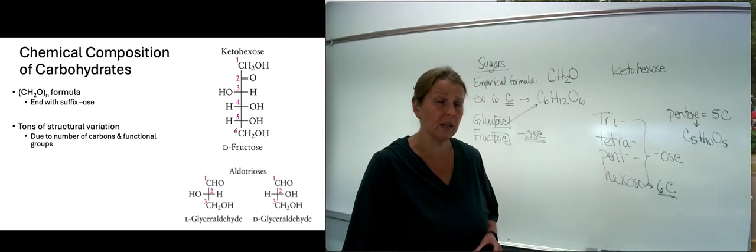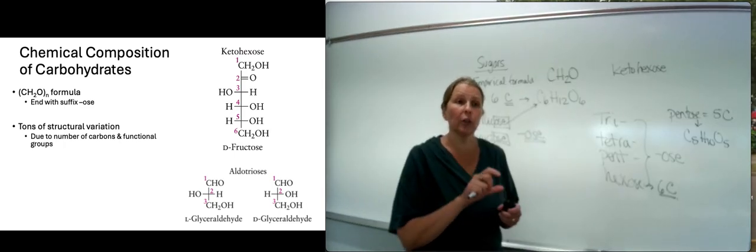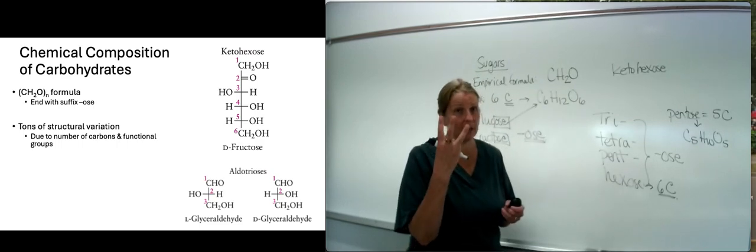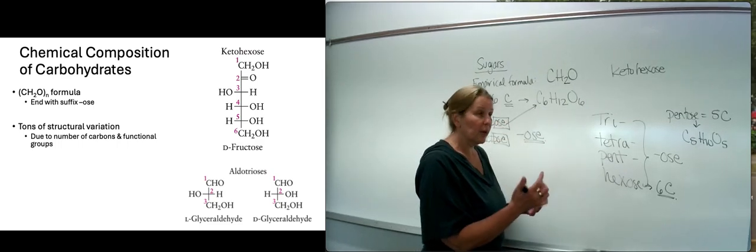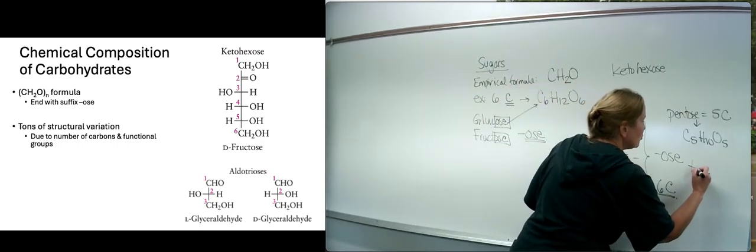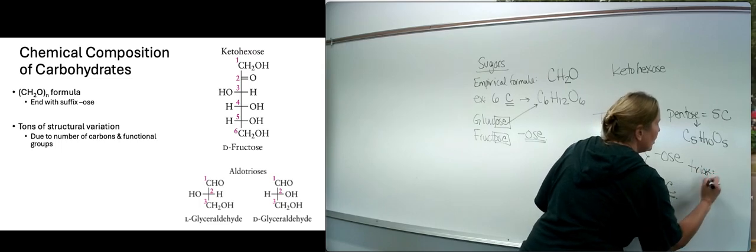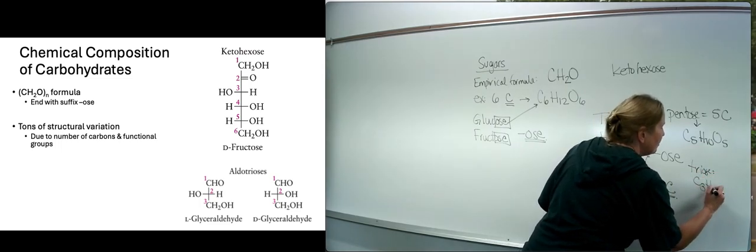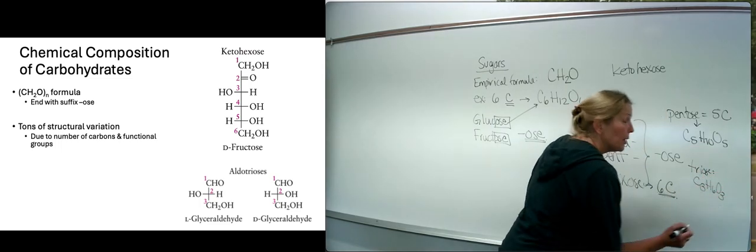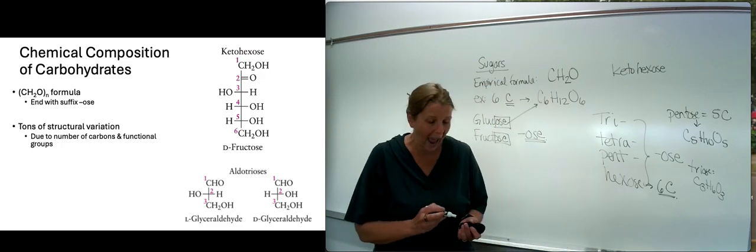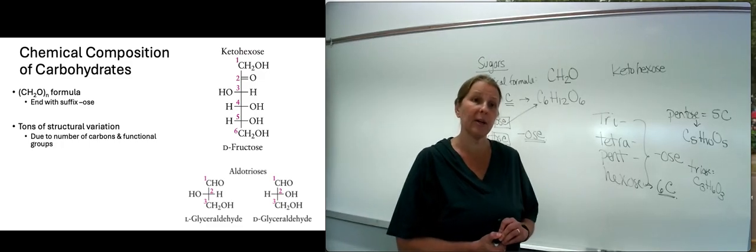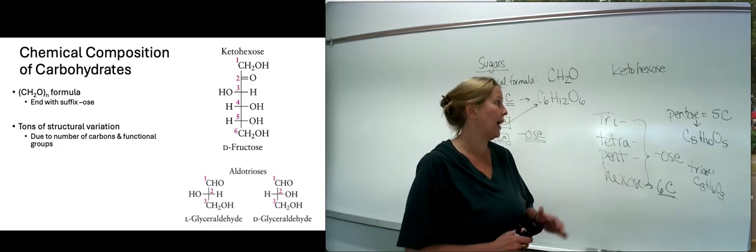And you could do the same thing at the bottom with these aldotrioses. Tri means 3, so we have 3 carbons. So if we have a triose, therefore we would have C3H6O3.